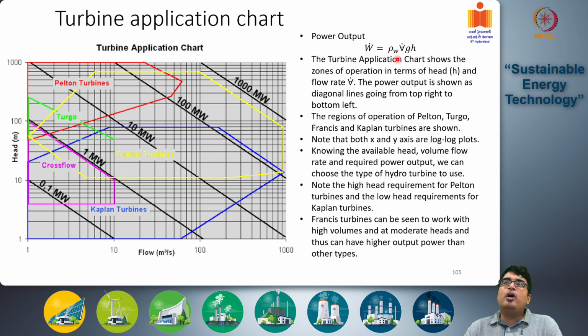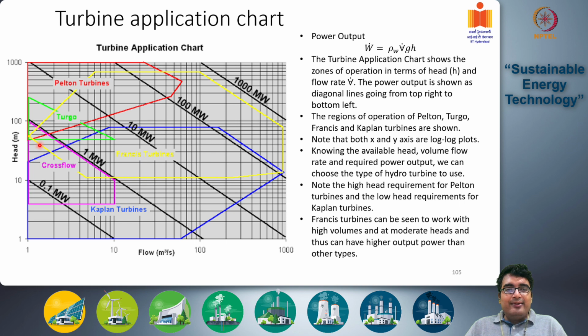And density of water is 1000. Correct? 1000 kg per meter cube. So 10 to the power 4 into 10 to the power 3. This becomes 10 to the power 7. So 10 to the power 7 is 10 megawatts. So you can see here, you are getting this point, 10 megawatts. So the power lines are diagonal like this going down this way. Okay.